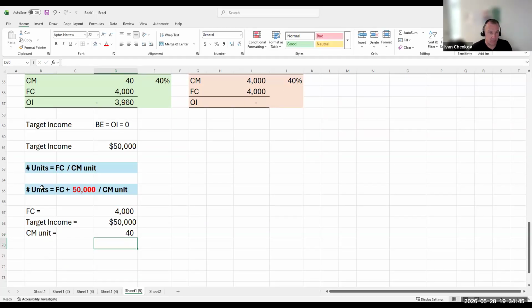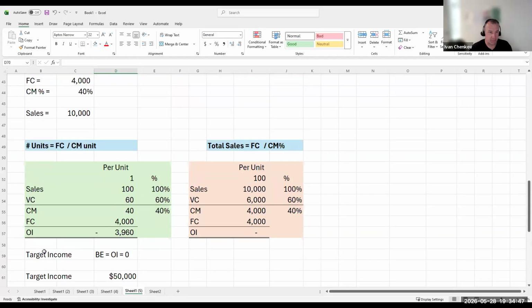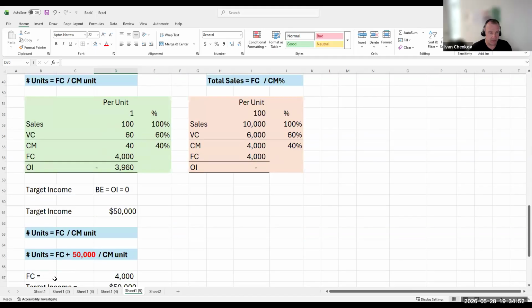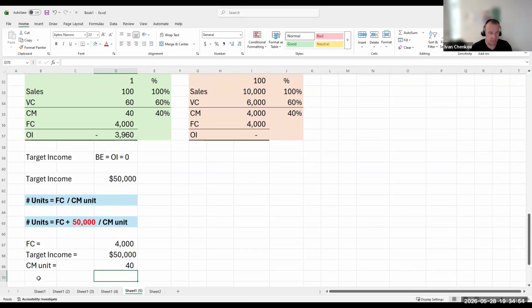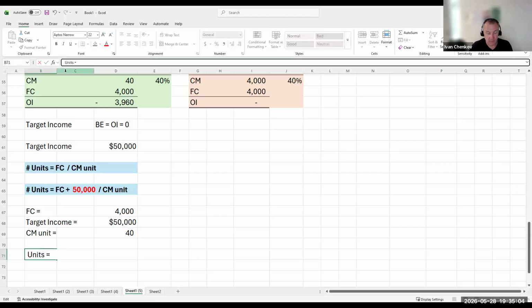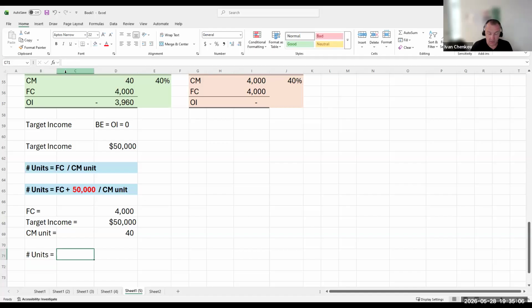The number of units should be equal to, let me grab this for number of units somewhere. No, I don't have it. So the number of units should be equal to, bracket 4,000, which is my fixed cost, plus the 50,000 that I want to achieve, divided by contribution margin per unit.